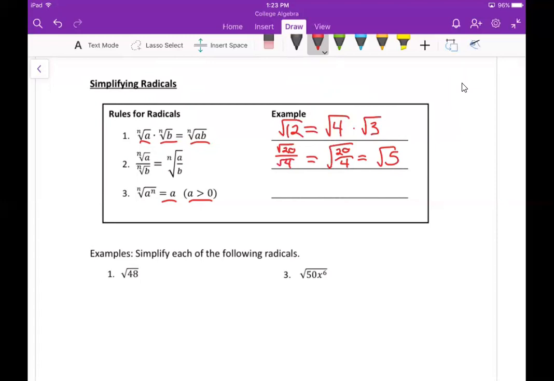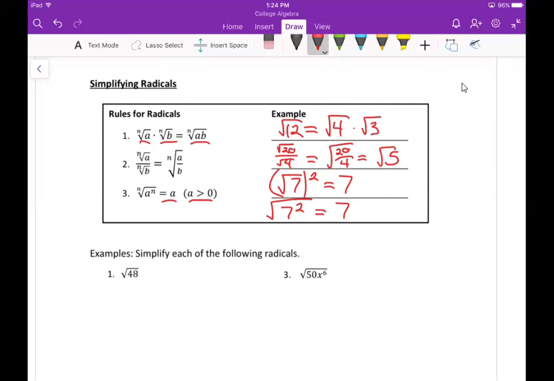A good example of this: what if I have the square root of 7 and I square it? Then the square root and square undo themselves and I end up with 7. Same thing if I have 7 squared and that's all under the square root. It doesn't matter in which order I do roots or powers, and I end up with, again, 7. Those things undo themselves.